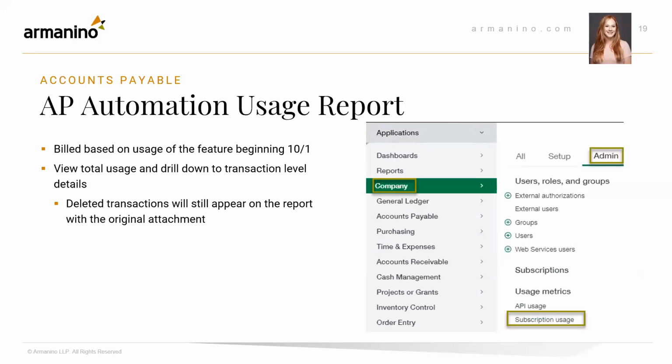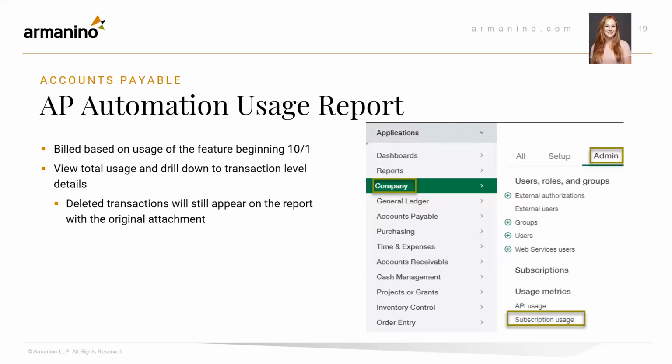Alrighty, so the AP automation usage report. Some of you, or most of you, may remember at the beginning of this year, Intacct released the AP automation feature. And at the time, it wasn't billable. So it wasn't something that was going to be an additional fee if you were using the service until October 1st.